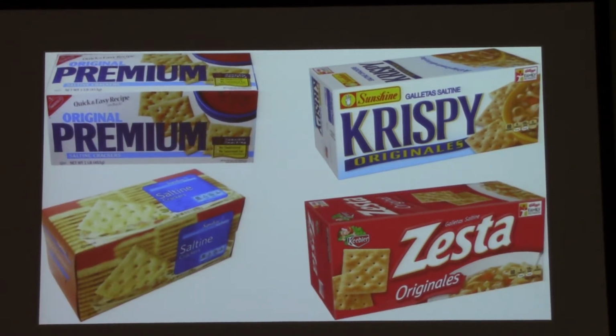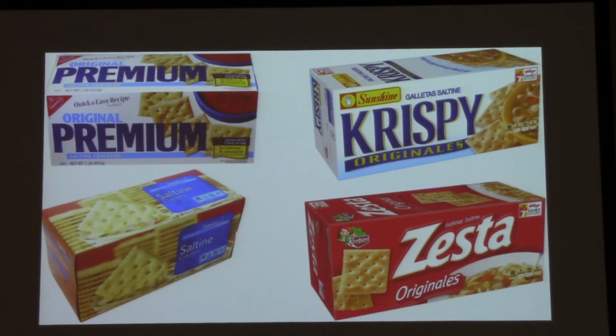We got Nabisco, we got Sunshine, we got Keebler, and we've got basically a store brand. So this is probably Safeway or Raley's or whatever generic store brand there is. We're gonna have these four choices. And we want to be able to model these things. So how do we do this?